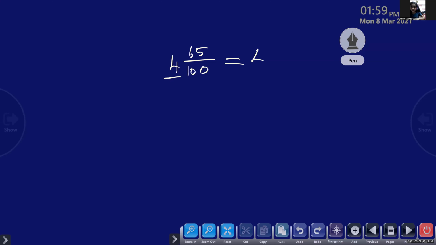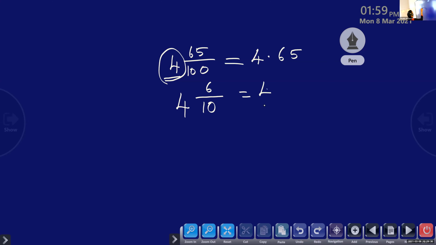4.65. 4 is the integral part here. Okay, so if I am taking 4 and 6 by 10, how can I write? 4.6.